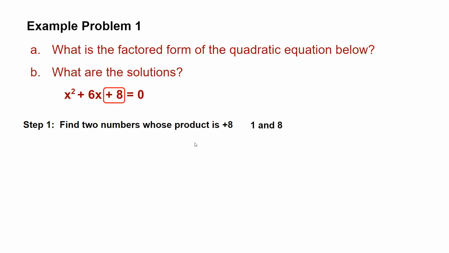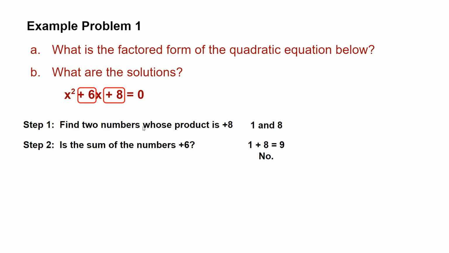The numbers 1 and 8, if multiplied together, give us a +8. So that works. Now we need to check step 2. Is the sum of those two numbers +6? 1 + 8 is 9. So no, that didn't work.